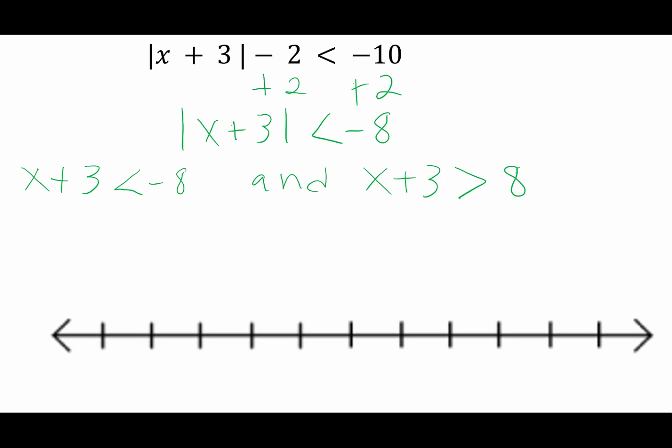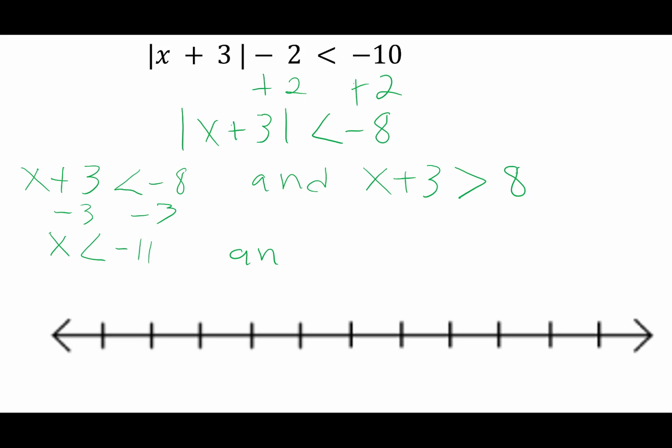Now, when we did absolute value equations, remember, it couldn't equal a negative. That is not the case for inequalities. And I'm going to show you why here in a second. Now, why did I pick and? Well, it's less than, right? Less than. Remember, we talked about that on Friday, in the last video. All right, so I'm going to minus 3. So we get x is less than a negative 11.